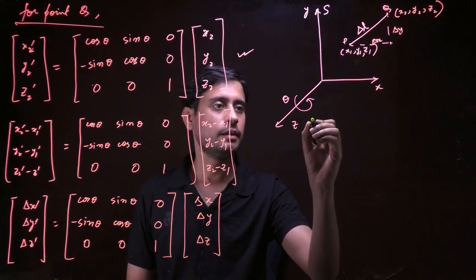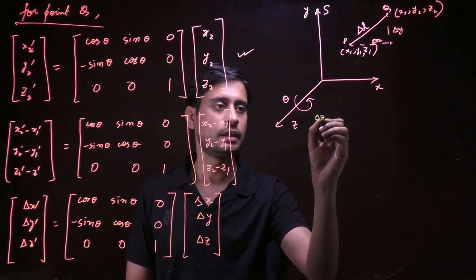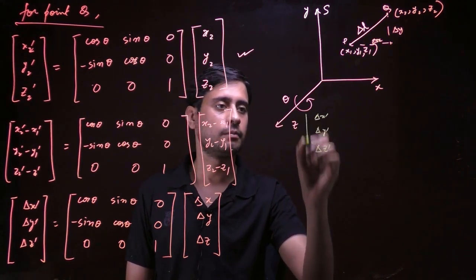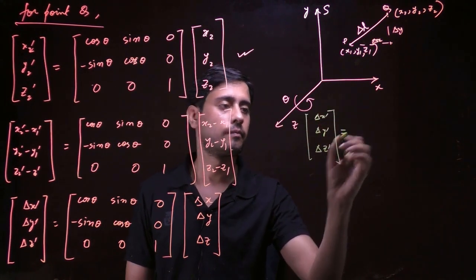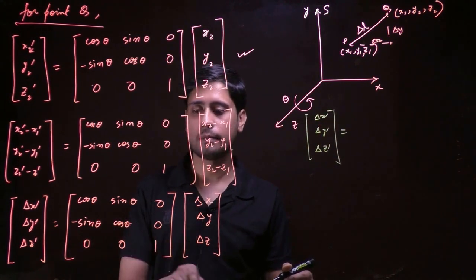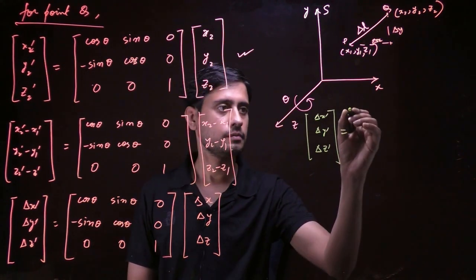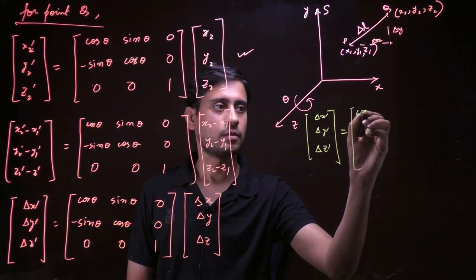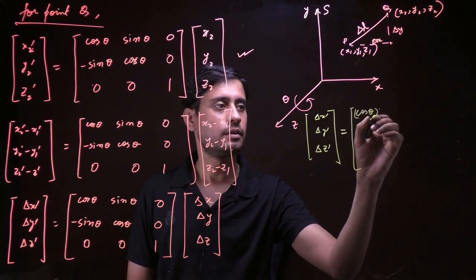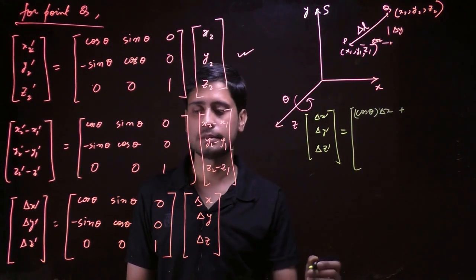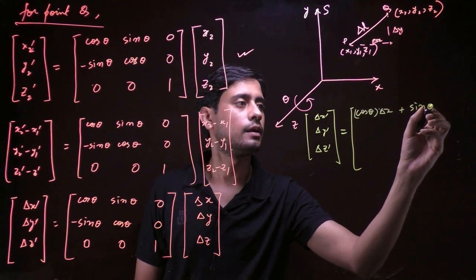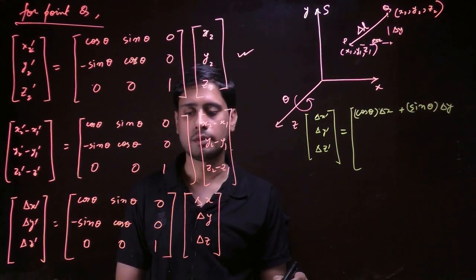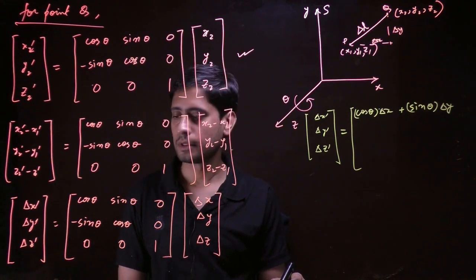So when you multiply it, you will get delta x prime, delta y prime, delta z prime, and this will multiply and only give you cos theta into delta x plus sin theta into delta y, and 0 into delta z will be nothing.